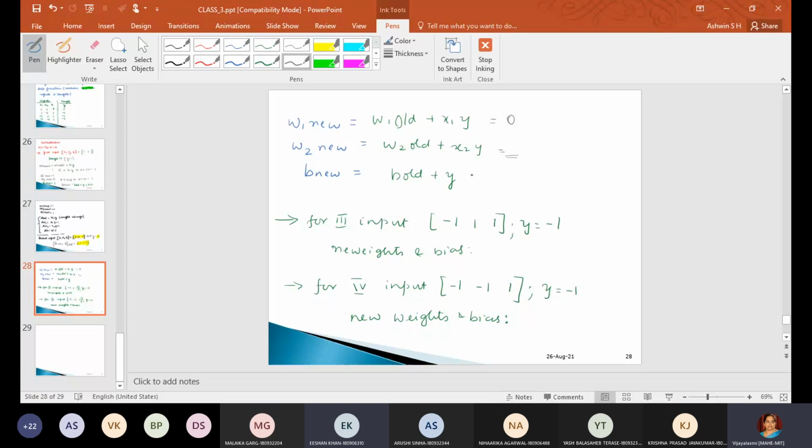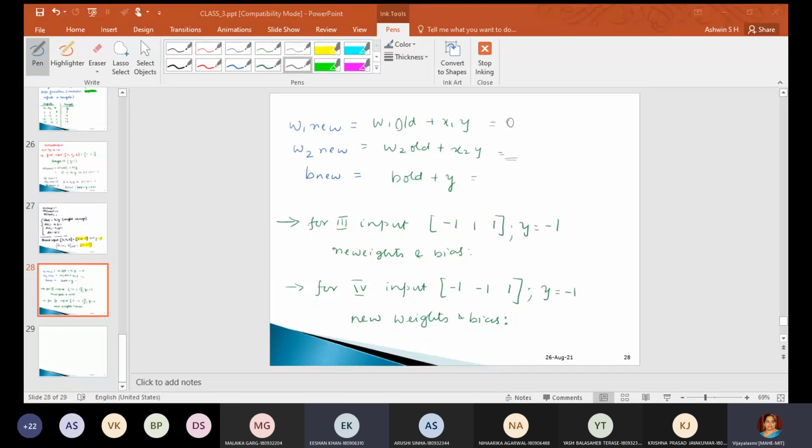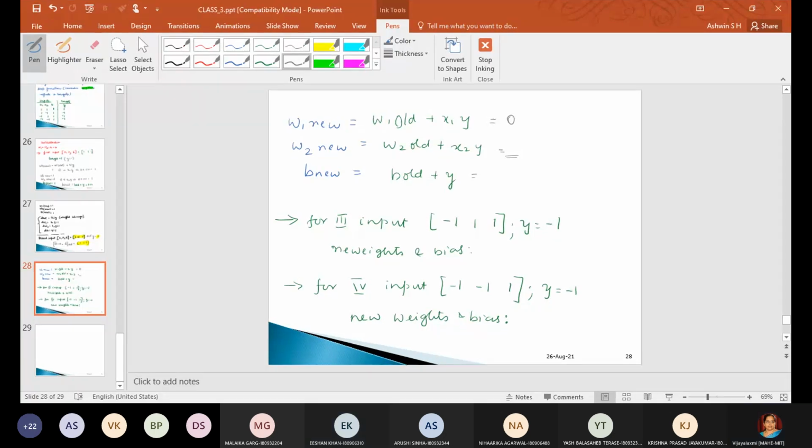Anupama, any other answer? Is it 2? Yeah, it is 2. Correct. Please check, this is 2.